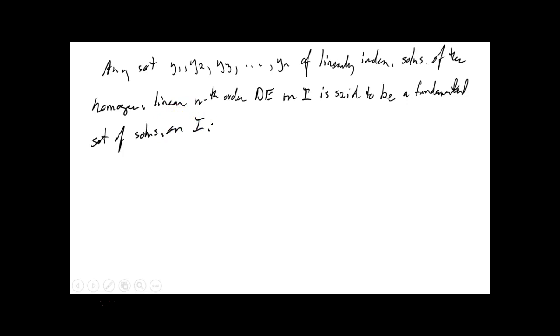Okay, now, here are the key pieces of this. If you have an nth order linear differential equation, then you've got to have n solutions, potential solutions. Now, if those n solutions are linearly independent, then it's a fundamental set of solutions for that differential equation on that interval.